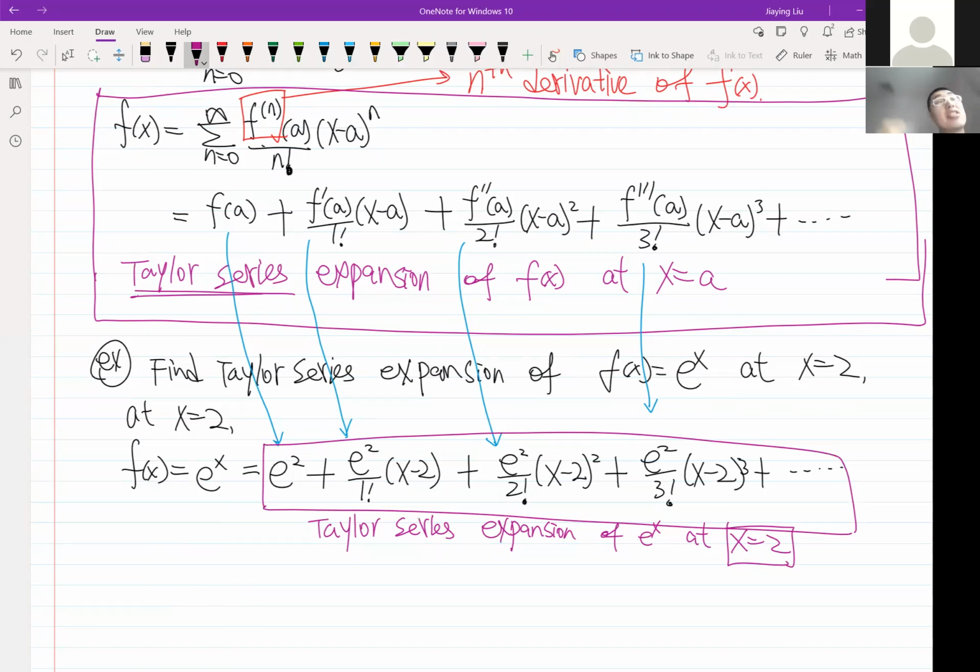If we pick a different x value, even though the pattern of the series looks similar, the values will be different. So the value 2 is important when we try to find the Taylor series expansion. Any questions on this exercise?